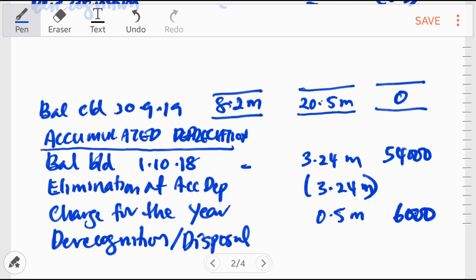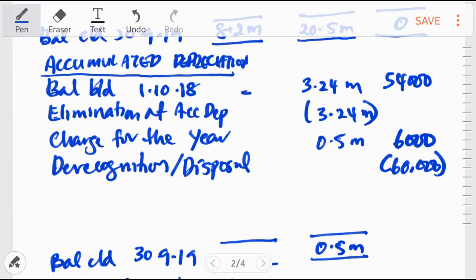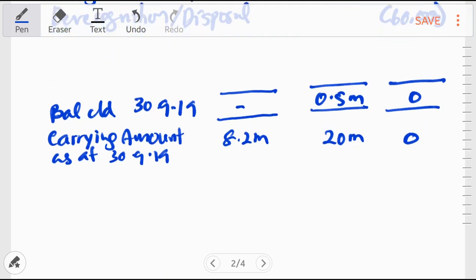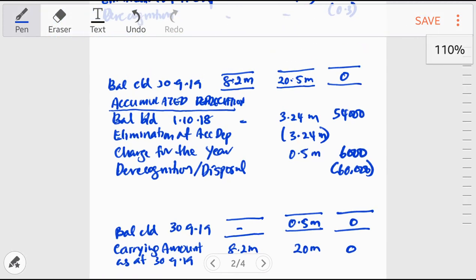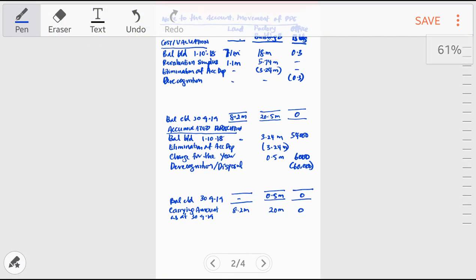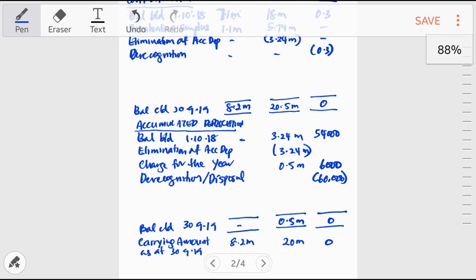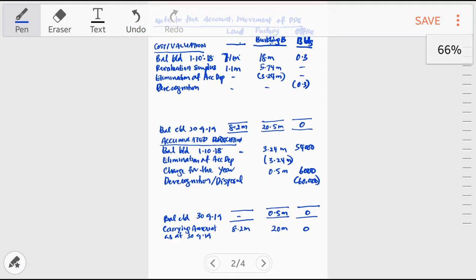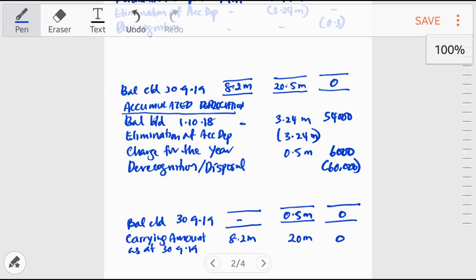The accumulated depreciation that you derecognize was the total here, 60,000. So therefore the balance here is 0, and this one is also 0. So you are done with the movement of PPE for your question.